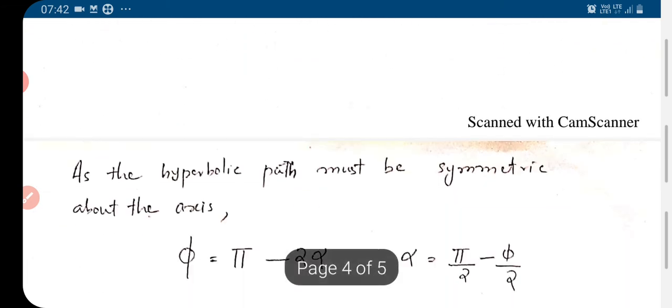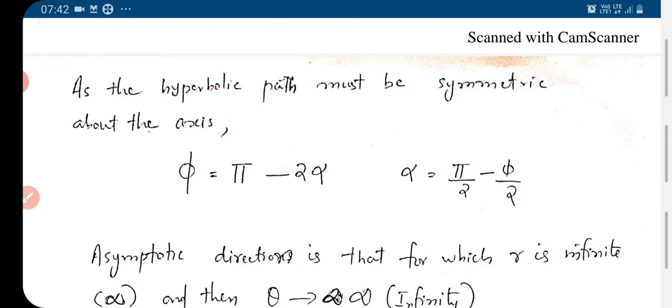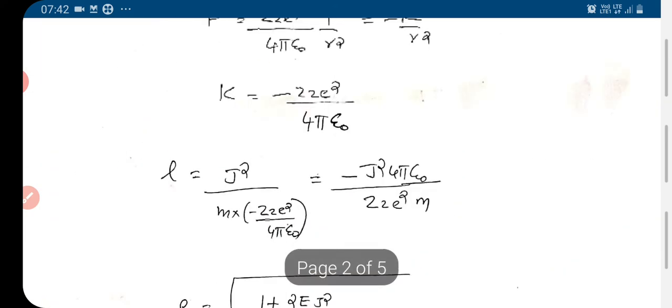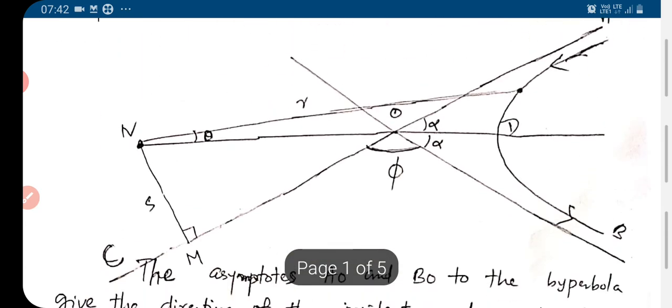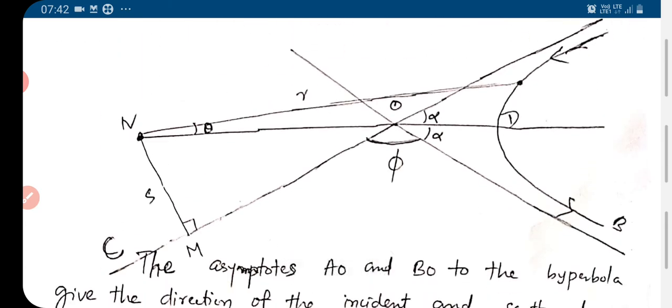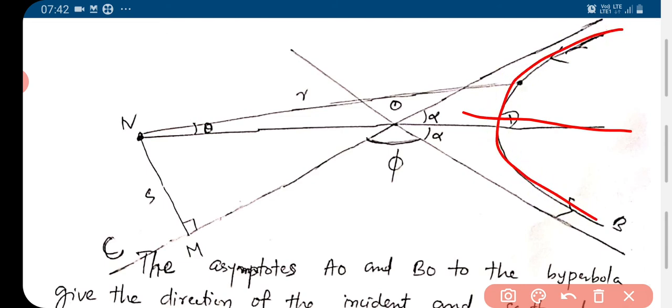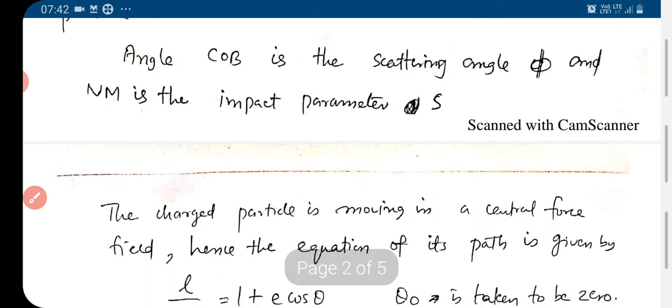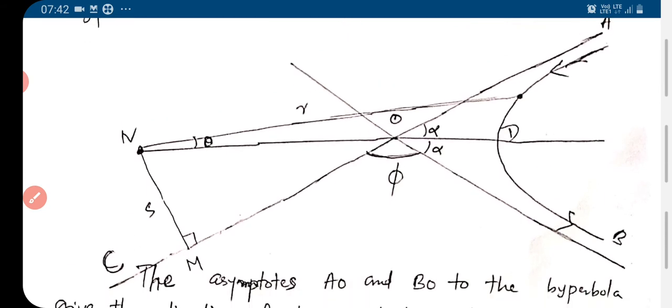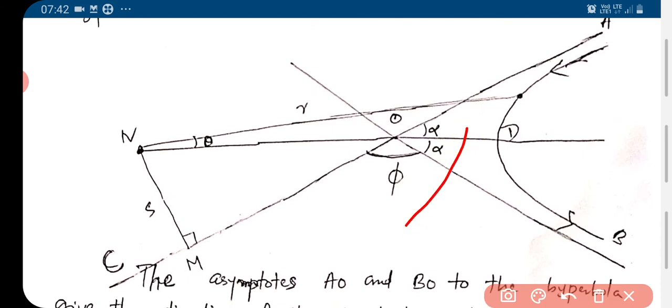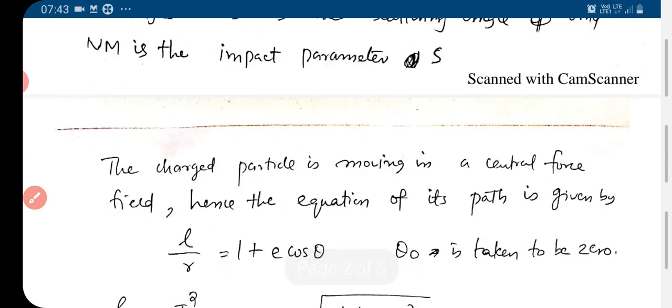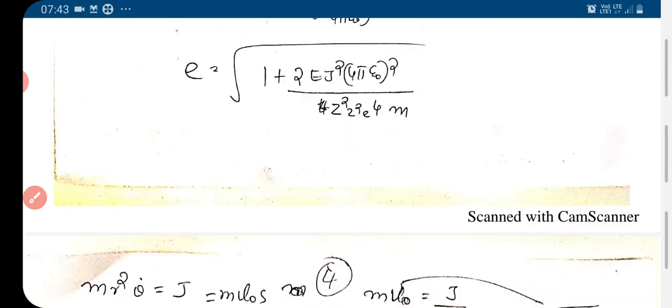Now, as the hyperbolic path is symmetric about the axis, we know the hyperbolic path is symmetric about this axis. So here we can say phi plus 2 alpha is pi, 180 degrees.